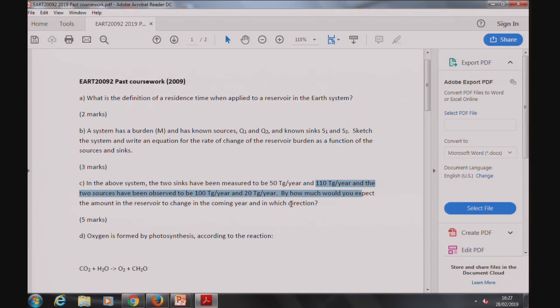S1, is that 100? Yeah. And that's 20 teragrams per year. So how much would you expect the amount in the reservoir to change in the coming year, and in which direction?